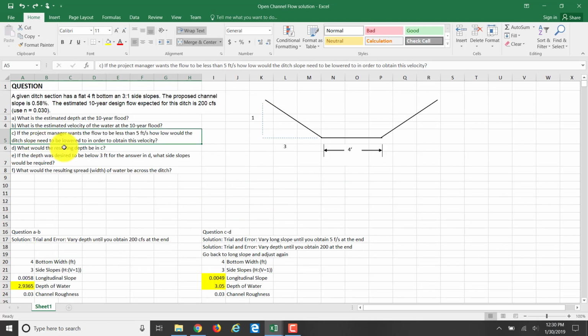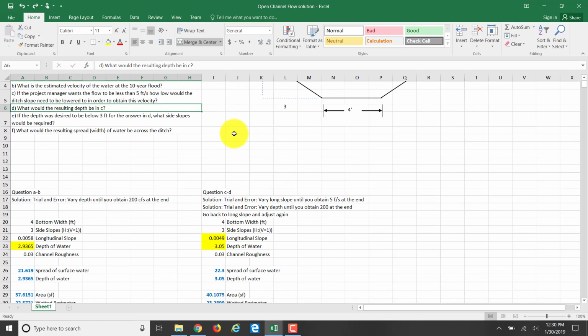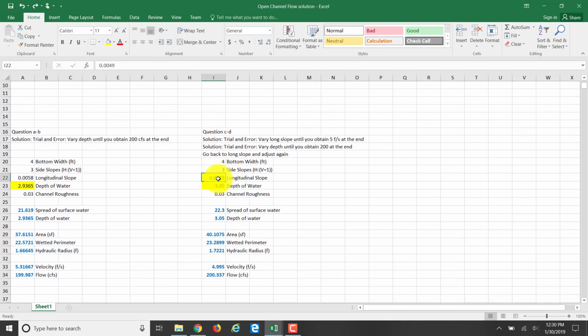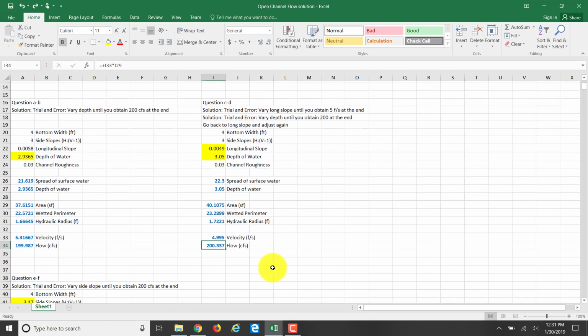And then on D is what would the resulting depth be in C. So this is going to get my flow down below the 5 feet per second. This is the depth I need in order to get down to the 200 cubic feet per second of flow.